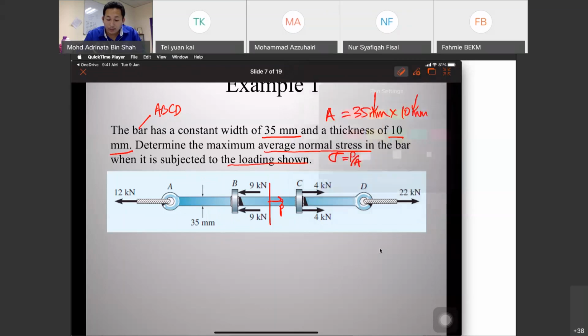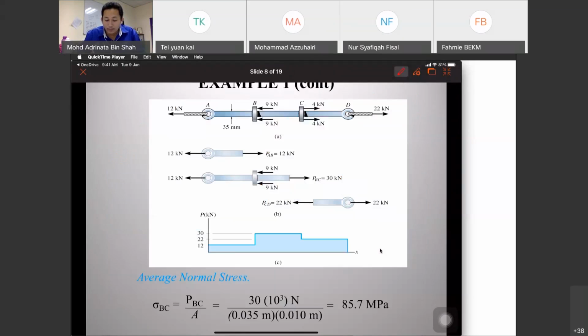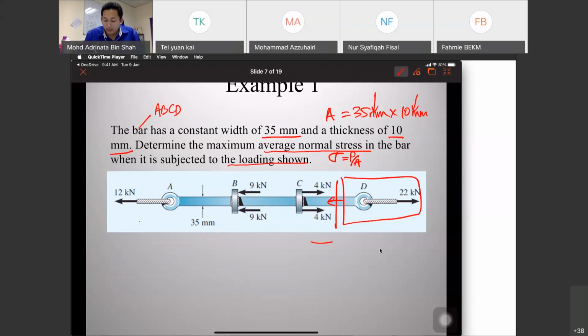Lepas tu kita potong dekat sini untuk kita tahu sama ada kita potong dan kita ambil ini sebagai free body diagram ataupun kita potong sini dan kita ambil sini sebagai free body diagram. Dia sama je. Sebab kita dah belajar bila kita potong, dia akan berlawan.